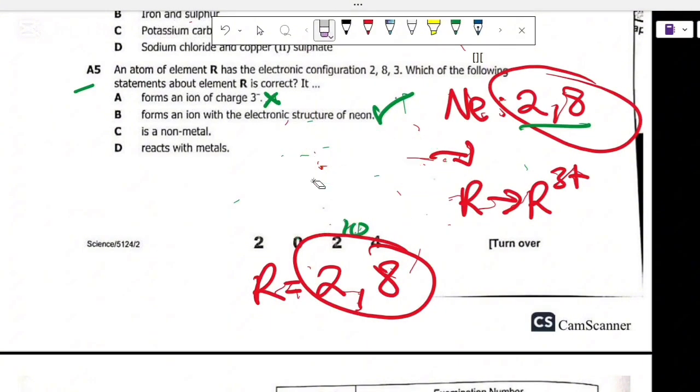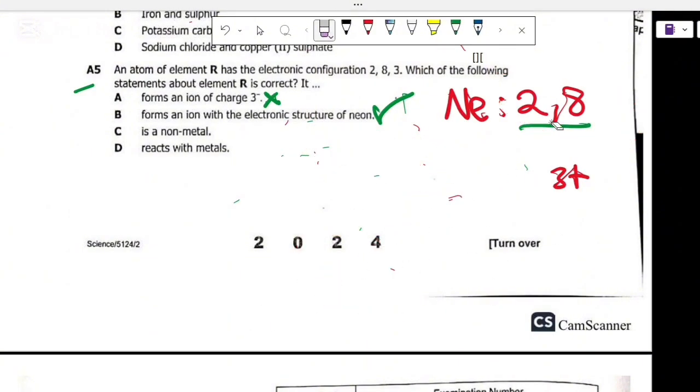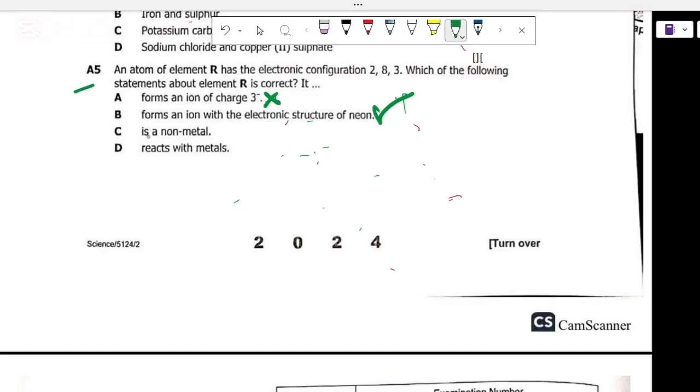But let's also test these other options. Why are they incorrect? So let's look at answer choice C. R is a non-metal. Now, why is that incorrect? That is incorrect because it is losing electrons. 2, 8, 3.